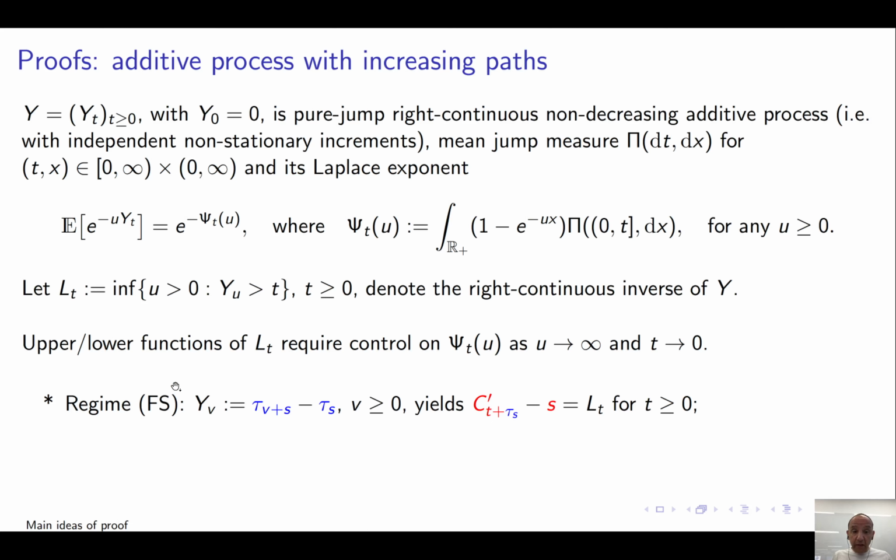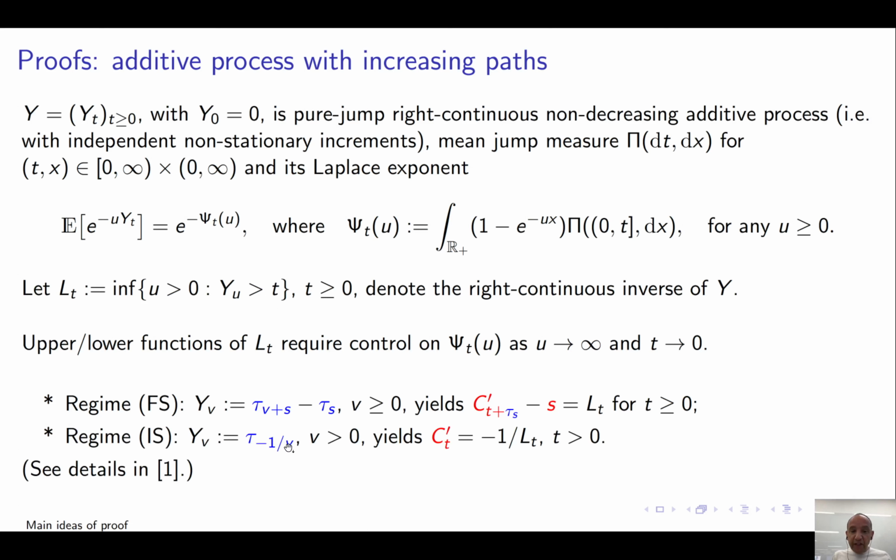In the finite slope regime, we just look at the increment of the vertex time process, and then the inverse of that additive process gives me my increment of the derivative. In the infinite slope regime, I need to do a time change. I need to go back to minus infinity, and then this is given by minus 1 over L of t.